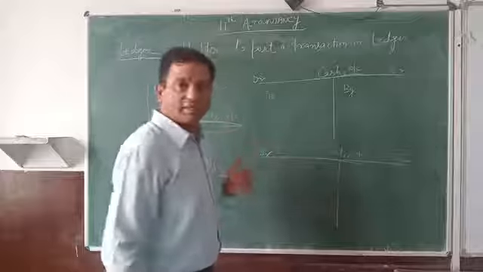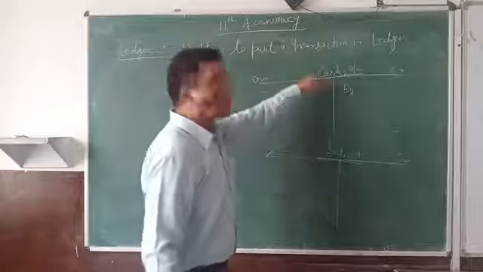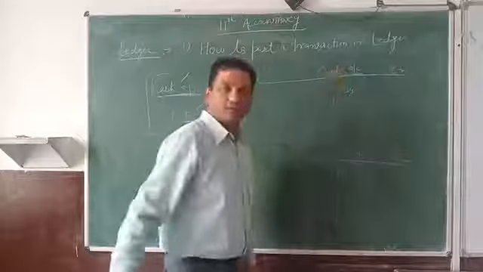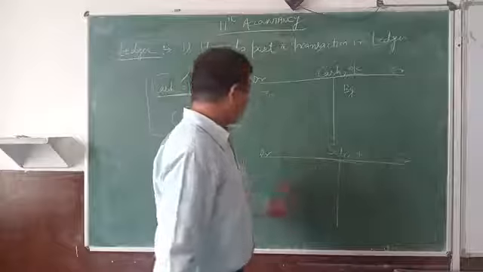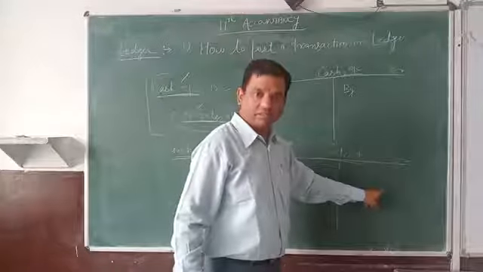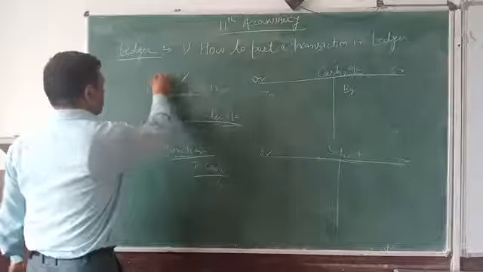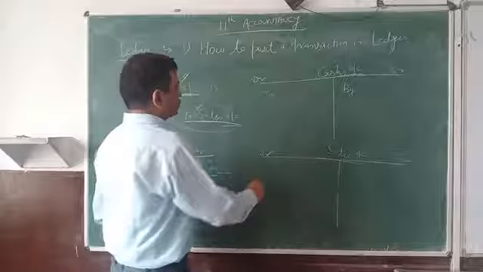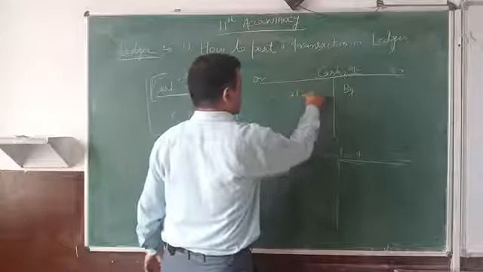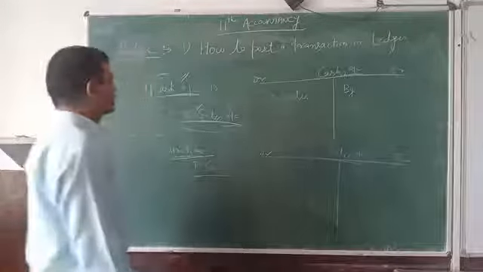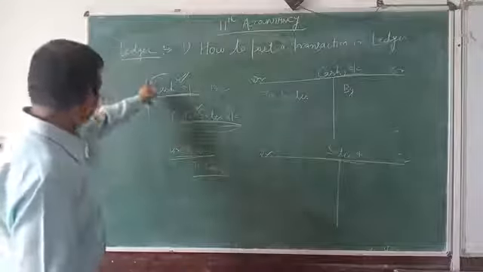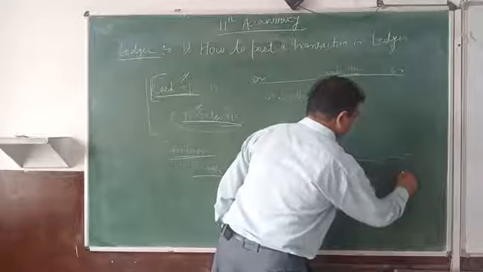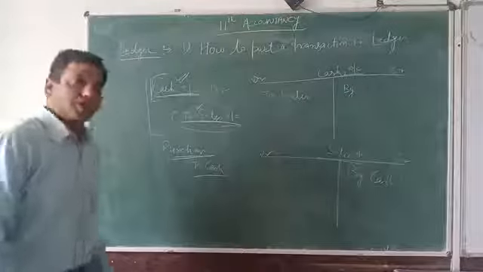Means the account whose ledger you are preparing will not appear in that ledger. The cash account will never record to cash or by cash. The sales account will never record to sales or by sales. So the cash account will record to sales, and the sales account will record by cash. This is the way to post the transaction.